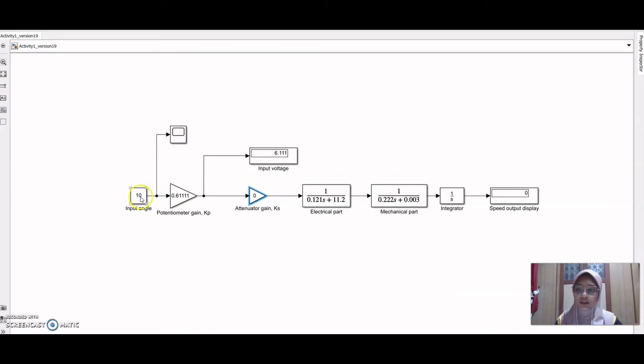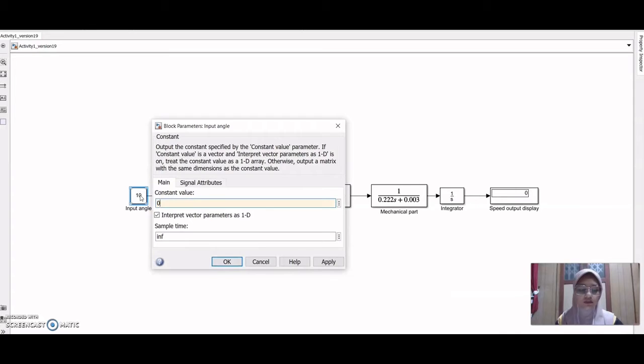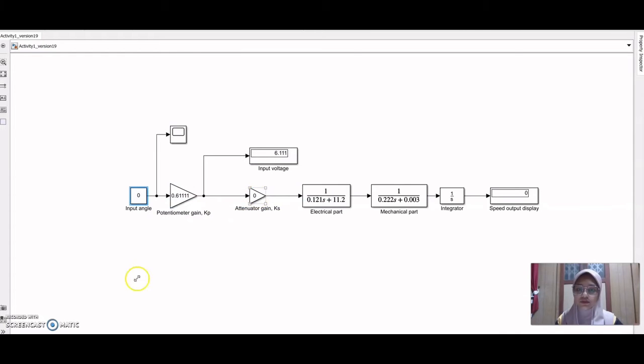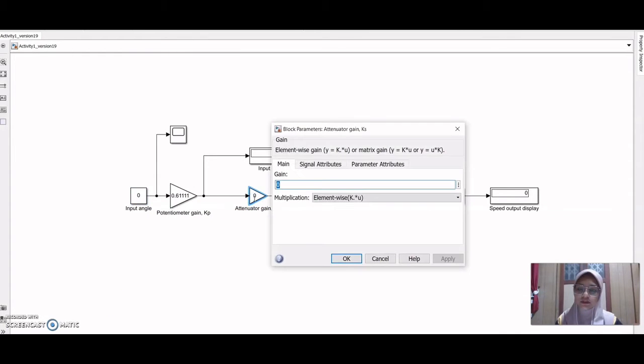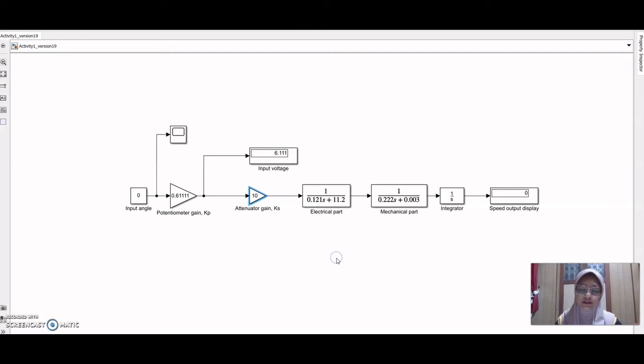Okay, now we set the input angle to 0, and the attenuator gain from 0 until 10. Okay, now run the simulation. So observe what happened.